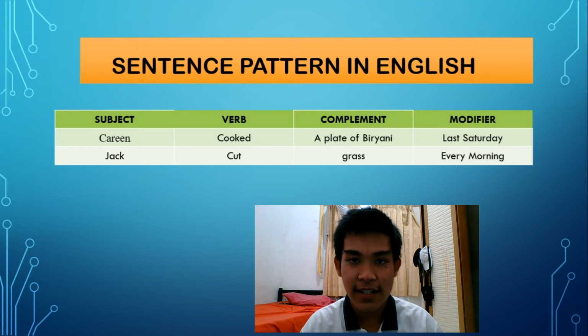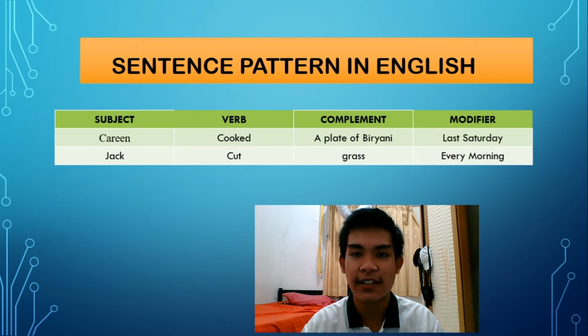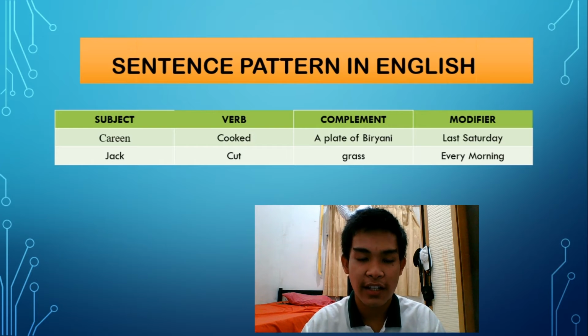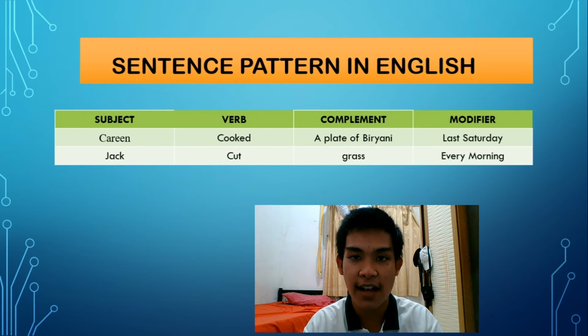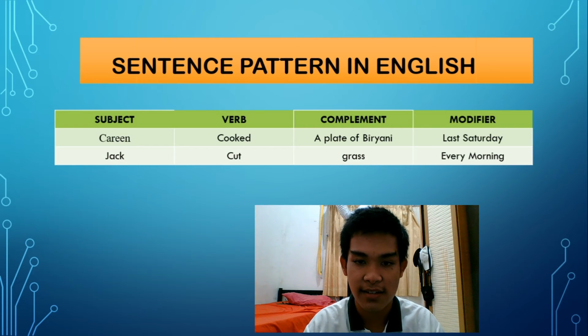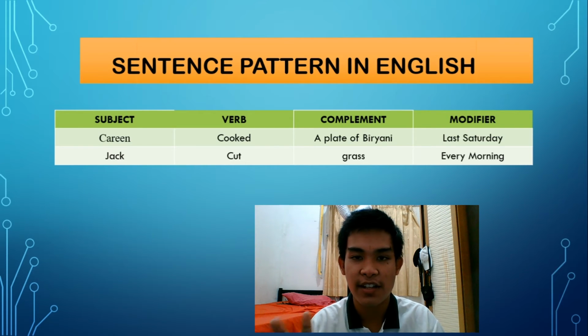Okay, the next one is sentence pattern in English. It could be subject, verb, complement, and modifier. Subject is the name of the person or a thing that is discussed by us in the sentence. And then the second is verb. Verb is known as kata kerja in Bahasa Indonesia.